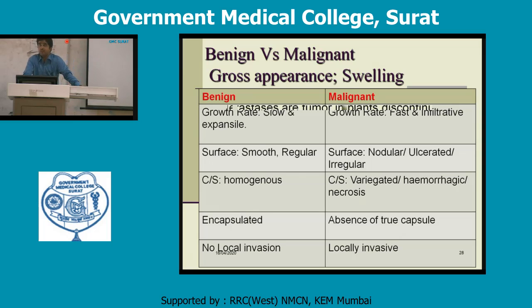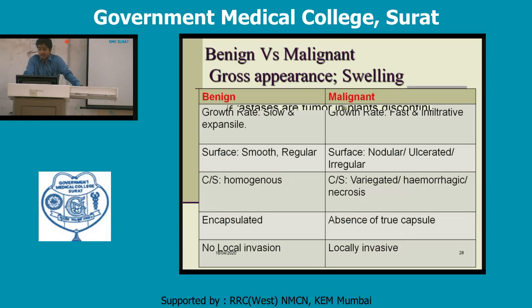The surface of a benign lesion is smooth and regular, very well differentiated from surrounding normal tissue, while a malignant lesion on cut surface shows ulcerated, irregular or nodular areas. There may be skip lesions in between them. Benign lesions are homogeneous, grossly throughout the same color, while the cut section of a malignant lesion shows presence of hemorrhagic necrotic areas.